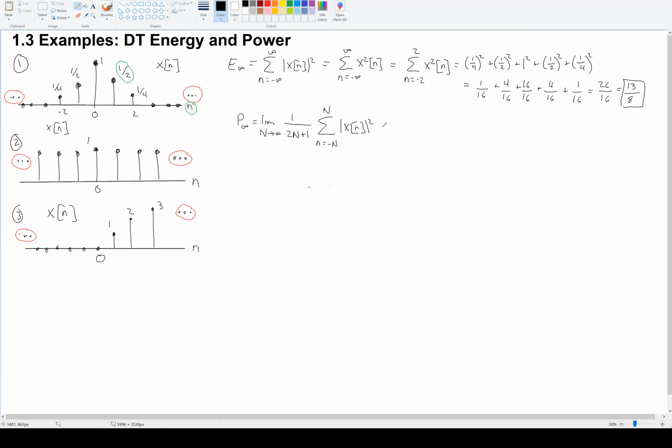Okay, so I'm going to write that like this. I can break it up as the limit as N goes to infinity of 1 over 2N plus 1, times the limit as N goes to infinity of a sum, n goes from minus N to plus N, of x[n] squared, like this.